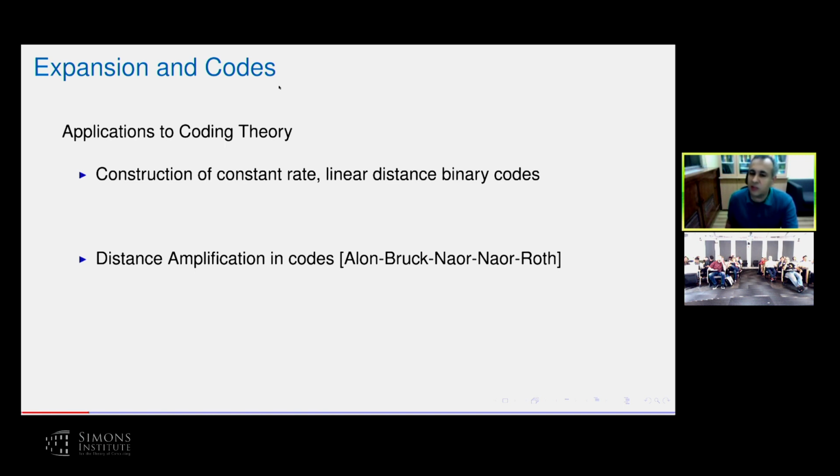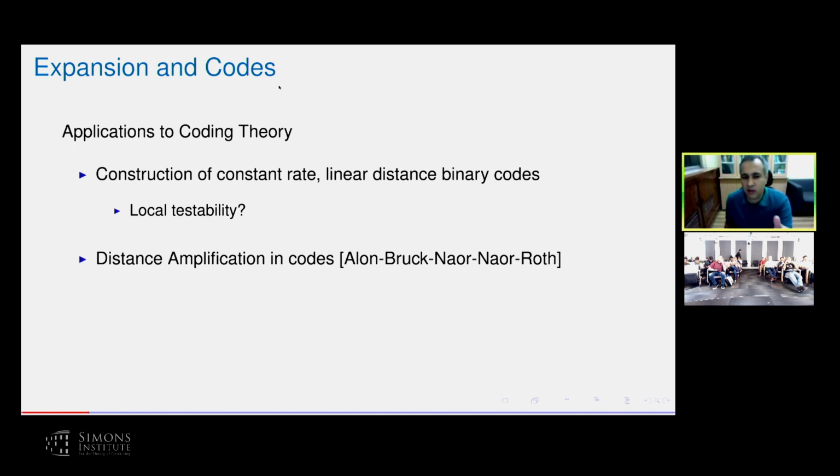Can you get these codes with even better properties than what's listed over here? For example, one thing which we would like to know, which is an open question, is can we get constant rate linear distance codes over the binary alphabet which are also locally testable with a constant number of queries? I will define formally what testable means later on in the talk, but this is an open question.